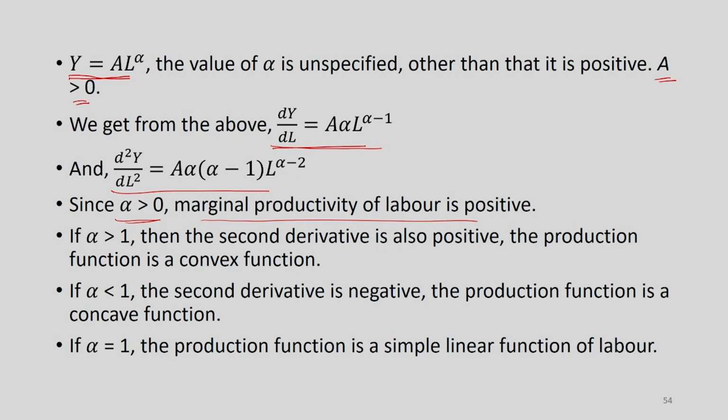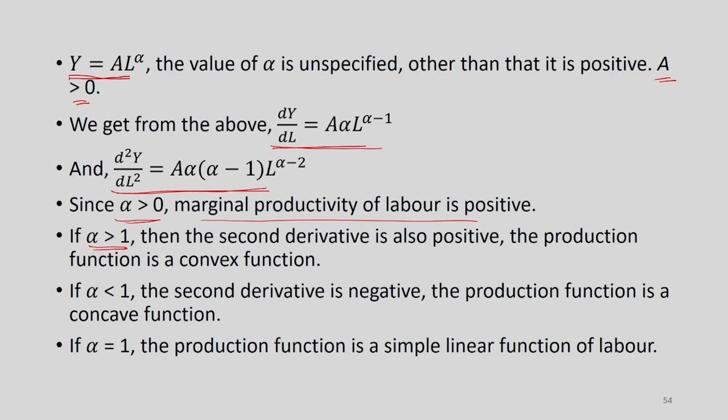Now, alpha is greater than 0, that is fine, but after that what happens? Suppose alpha is greater than 1 also. Then we can say something about the second derivative. If alpha is greater than 1, then alpha minus 1 is positive, which means that the second derivative is also positive like the first derivative.